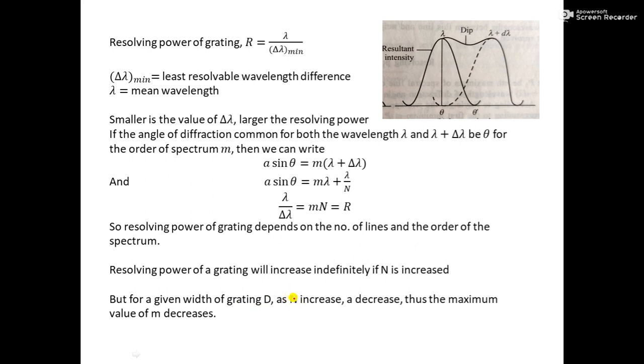So N into A gives the width of the grating, capital D. So for a particular value of D, as N increases, the value of A will decrease. Thus the maximum value of m also decreases.